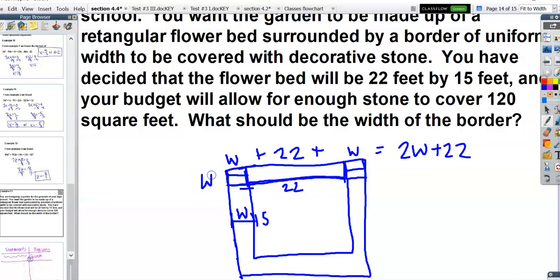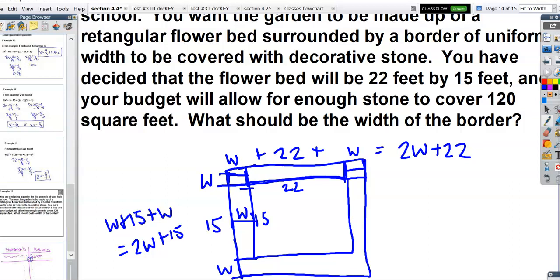So I know that this segment here equals W. This segment on the bottom equals W. And this side in the middle equals 15. So if we do W plus 15 plus W, we should be getting 2W plus 15.